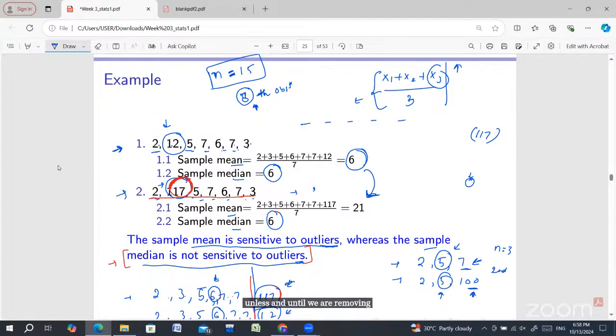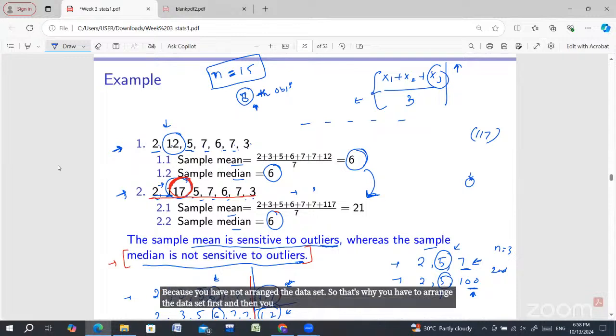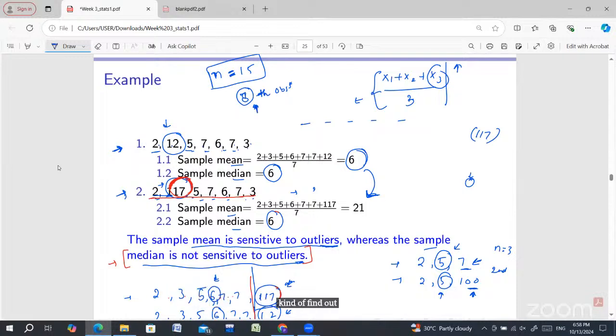That's why the sorting is very important. If you find the median directly from this data set, then definitely it will not be 6, because you have not arranged the data set. So you have to arrange the data set first, and then you can find the observation at that particular position.